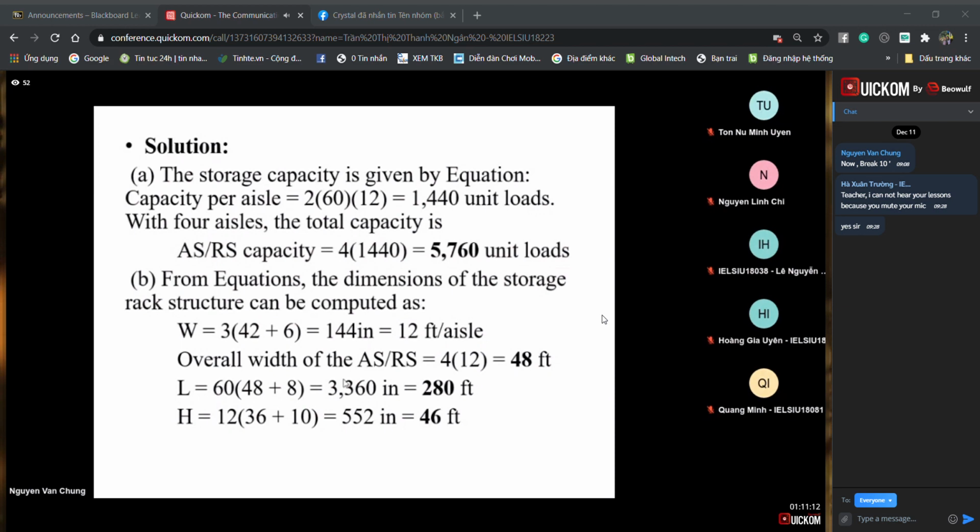This is the overall y, and it is multiplied by 4. Why? Because it is overall. This is the 4, and then the height.